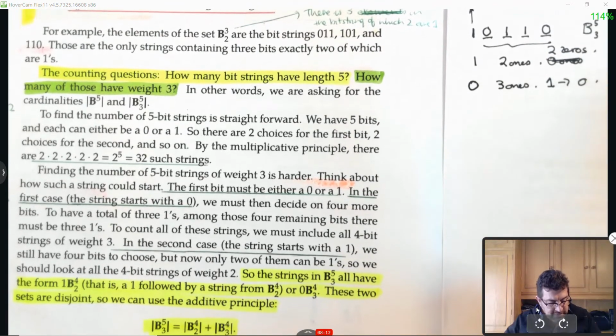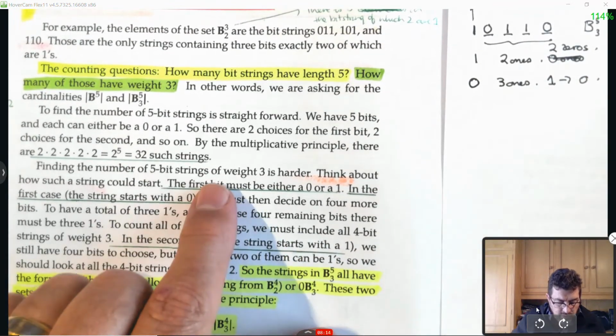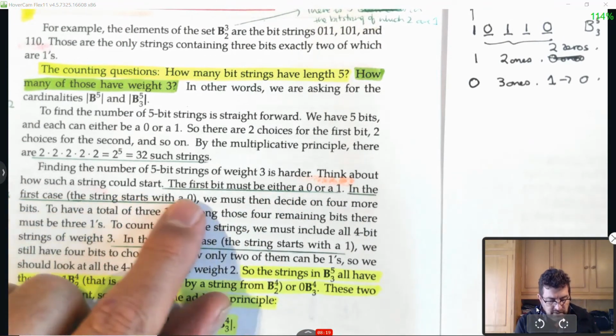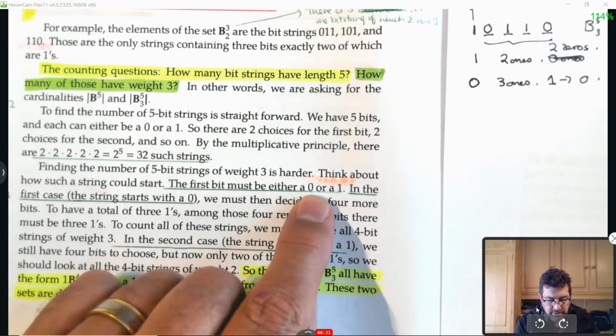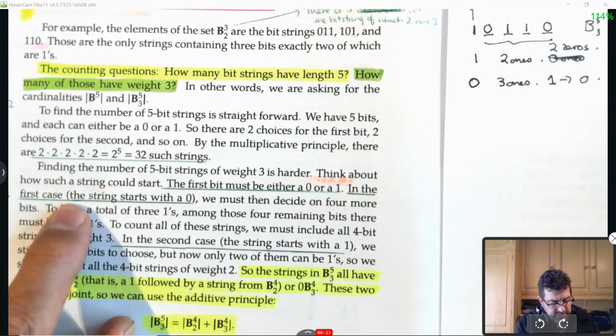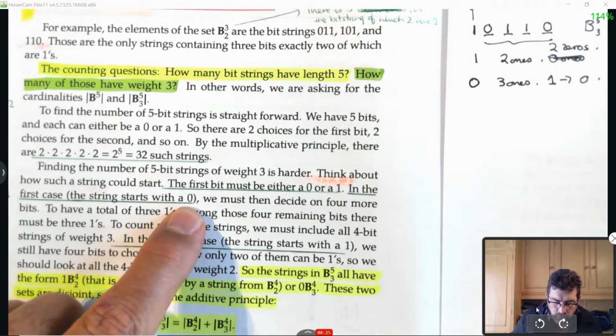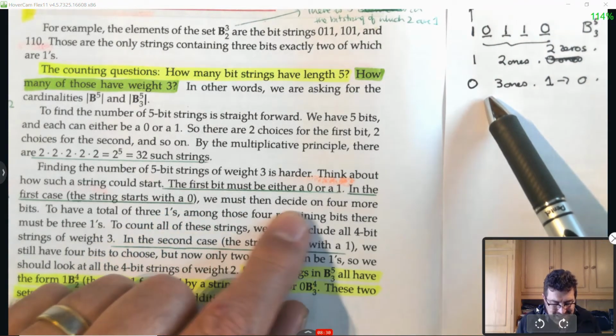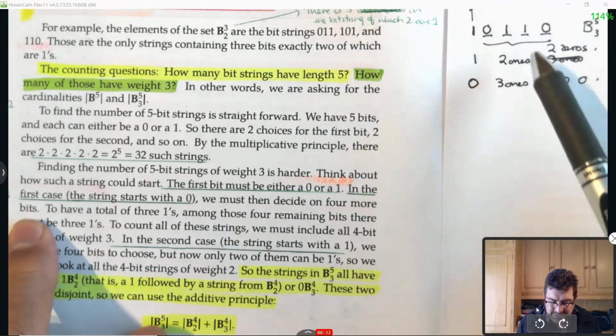They say, finding the 5-digit number of weight 3 is harder. Thinking about how such a string could start, the first bit can be either a 0 or a 1. In the first case, the string starts with a 0. If we start with a 0, then we must decide on 4 more bits.